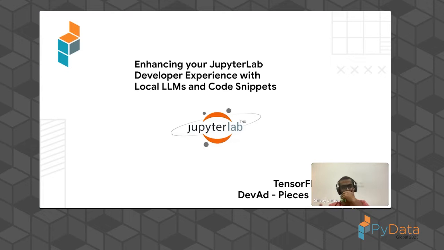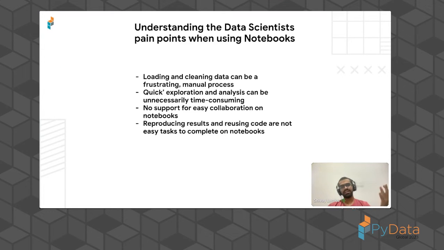And we'll identify those issues and then how you can leverage some tooling that is available to everyone, in order to enhance your experience when developing as a data scientist, and specifically when it comes to JupyterLab. So first, right off the bat, let's understand the pain points for data scientists when using notebooks.